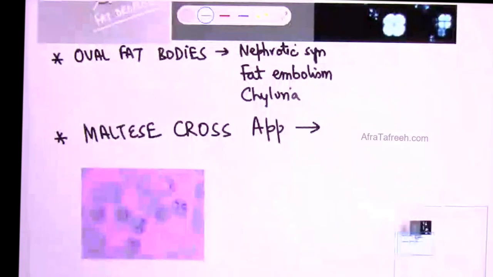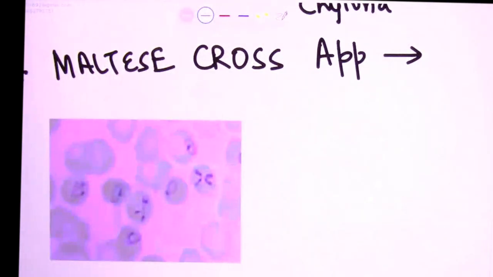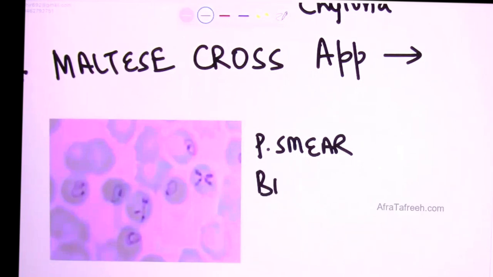We read about it even in the bloodstream. In the peripheral blood smear, if you're reading about Maltese cross appearance, then you know that it is babesiosis, Babesia microti. You can see this cross appearance inside the red blood cells of the patient. The same question was asked for peripheral smear, and a similar question for urine examination. So we need to remember both of them.